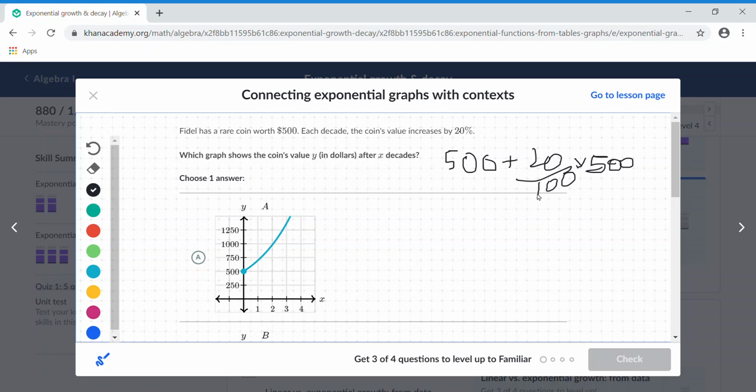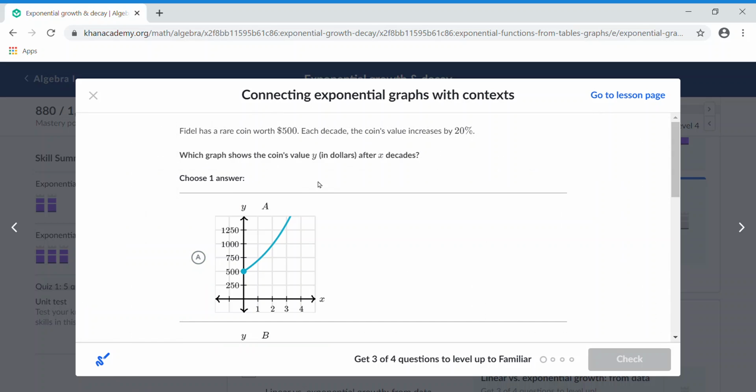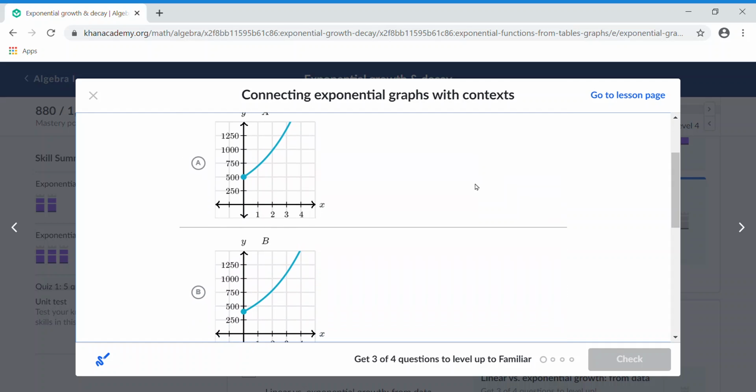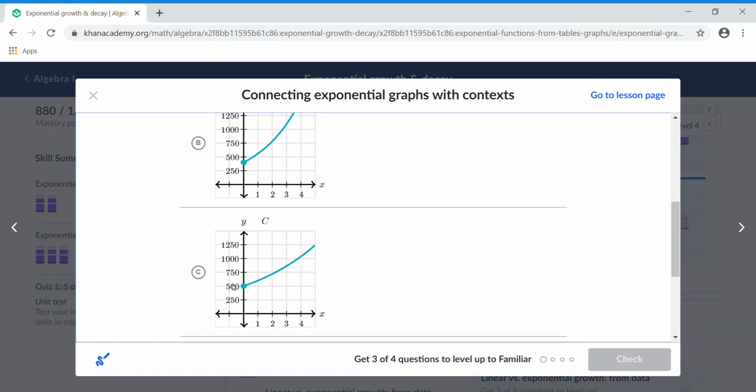So this cancels out, and this, and 20 times 5 is 100, so 500 plus 100 is 600. So after one decade its value is 600. So after one decade it looks like it's higher than 600. In this it looks perfect.